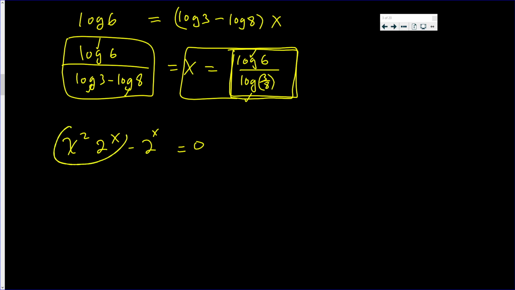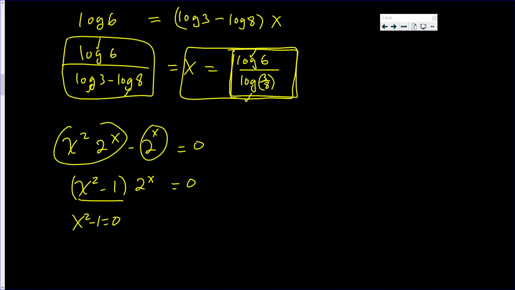Well, we have x squared minus one of them. I factored out 2 to the x. So either x squared minus 1 is 0 or 2 to the x is 0. But that's never. 2 to a power is never 0.